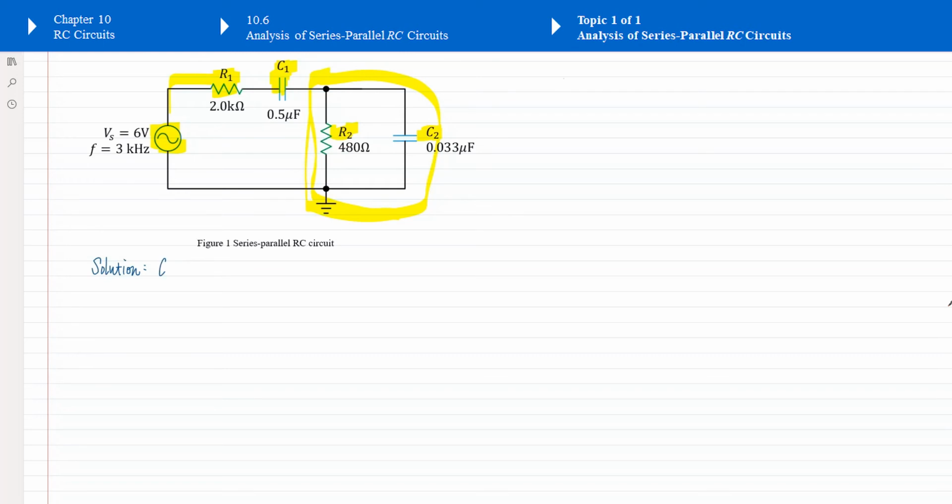Let's calculate the capacitive reactance for C1 and C2, which are XC1 and XC2 respectively.